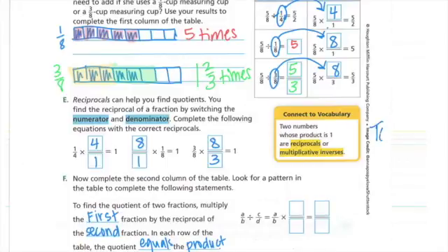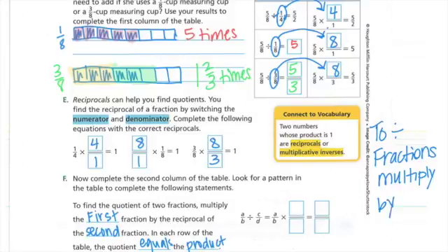So to divide by a fraction, we're going to multiply by the reciprocal. Okay, to divide fractions, you multiply by reciprocal. Remember, the reciprocal is when you trade the numerator and the denominator.